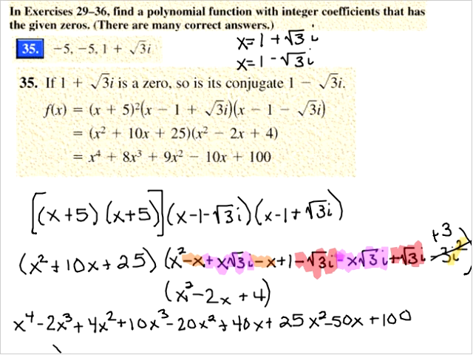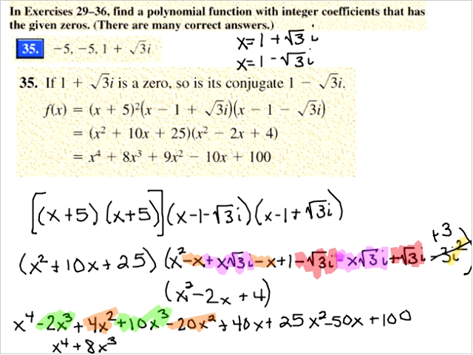All right, let's combine like terms. x to the 4th has nothing to combine with. Let's look for my x cubed next. I have a negative 2x cubed plus 10x cubed. So that is a positive 8x cubed. Let's turn to the x squared.